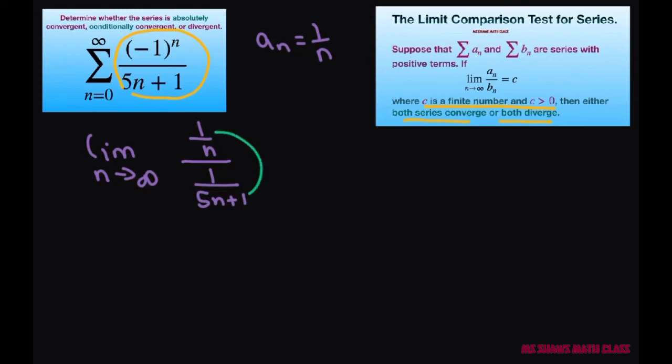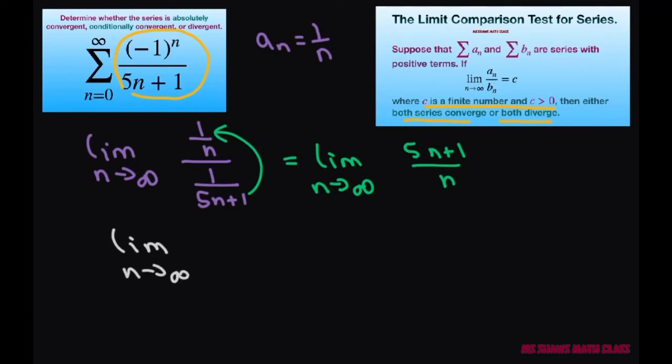So basically I can just move this up here, and this is going to equal the limit as n approaches infinity of 5n plus 1 divided by n. So let's go ahead and write this, the limit as n approaches infinity, and divide each piece by n. So that would give me 5 plus 1 divided by n divided by 1. Applying the infinity, this goes to 0, so we get 5.